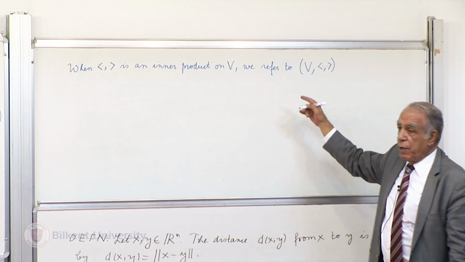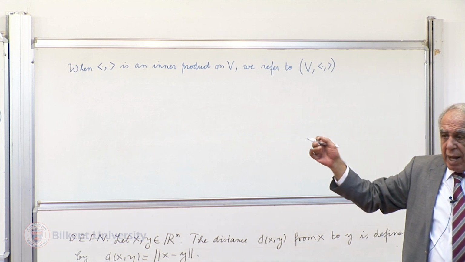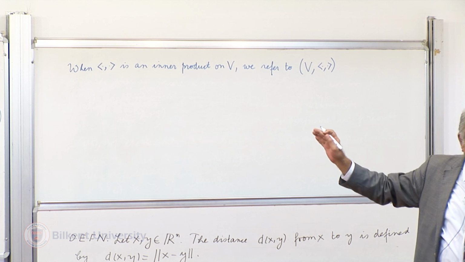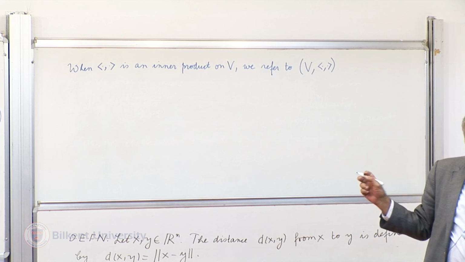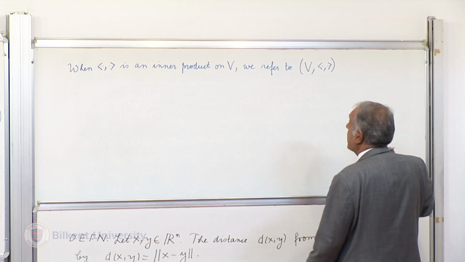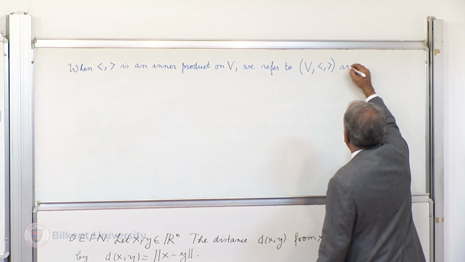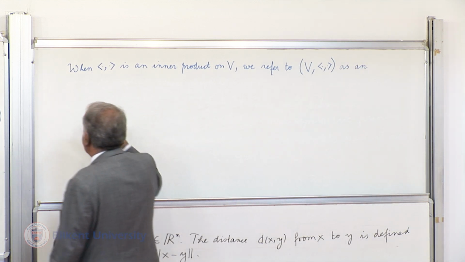Now V, of course, has plus and dot, the vector addition and scalar multiplication, but I will not write that. Whenever I refer to V as a vector space, it's automatically associated with those two operations as an inner product space.